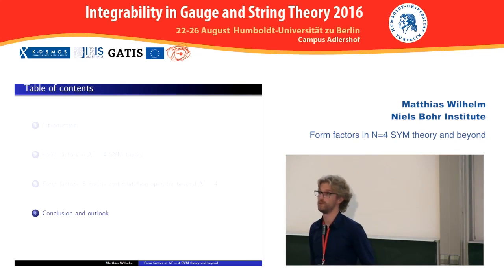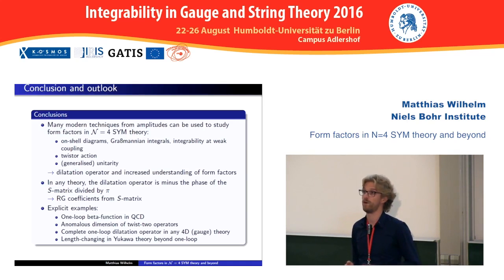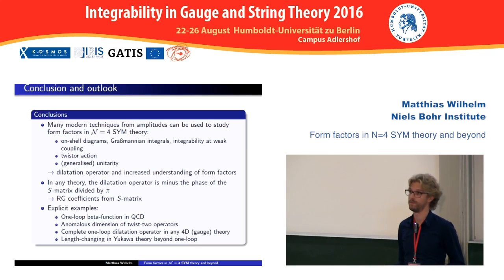Let me now come to a conclusion. During the first half of this talk, I have shown you how many modern techniques from the study of scattering amplitudes in N equals 4 can be applied to form factors in N equals 4.